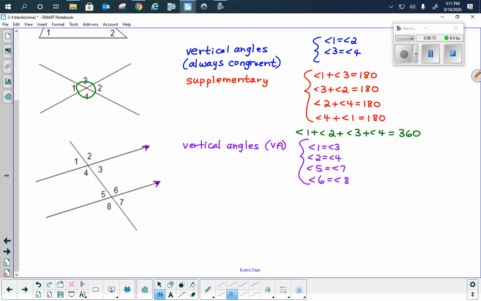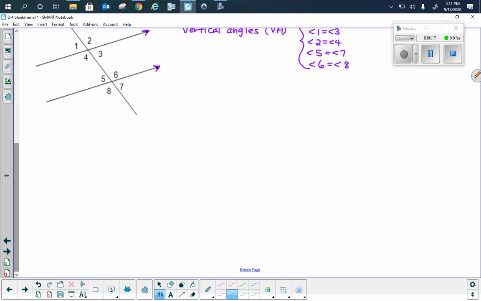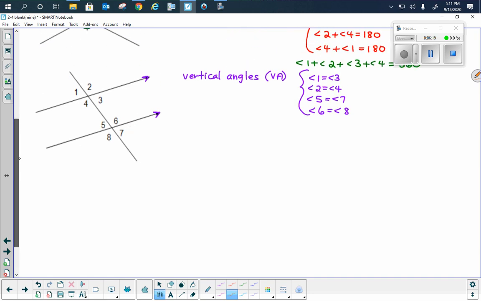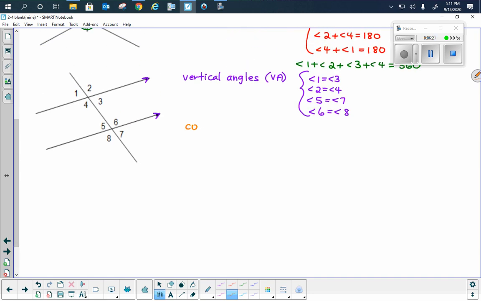All right, switching colors on you. Why don't we go with, let's come up with the corresponding angles. Okay, which I'll just abbreviate with an angle symbol and an S. So CA.